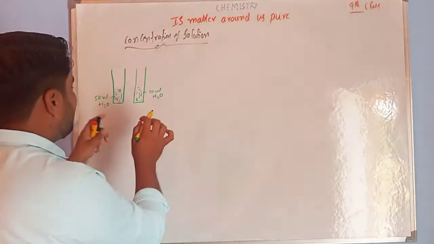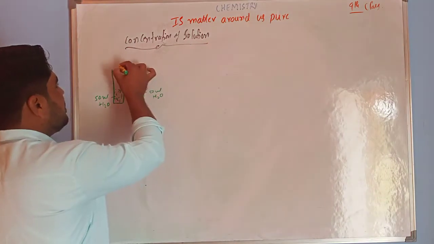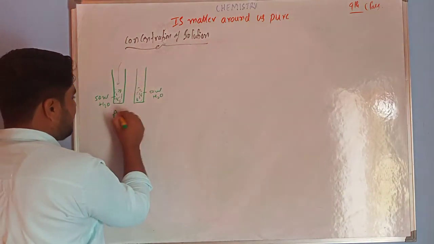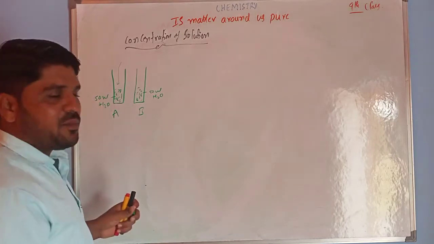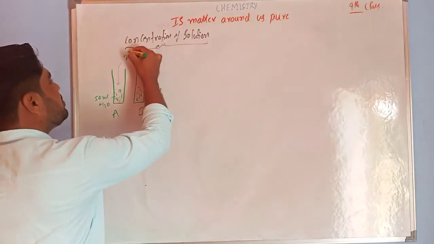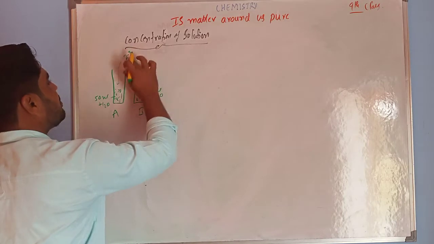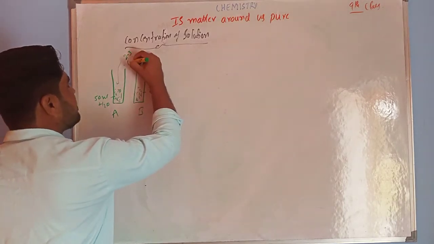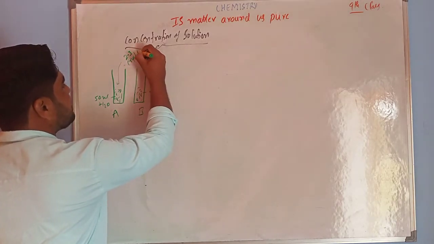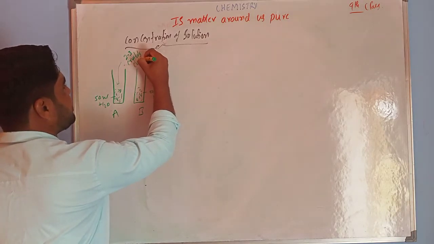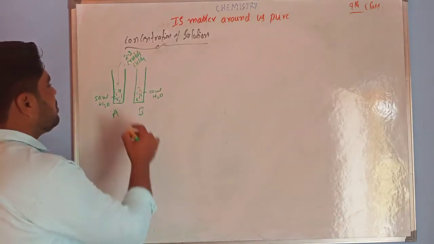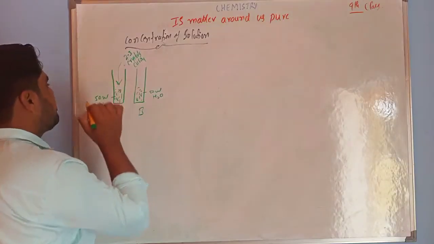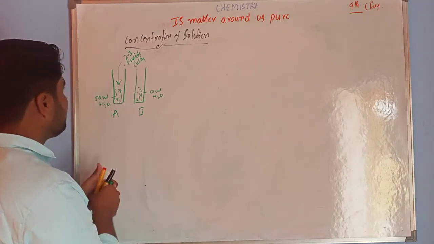This is test tube A and this is test tube B. For test tube A, I am going to add 2 to 3 crystals of copper sulfate, CuSO4, in this first beaker.